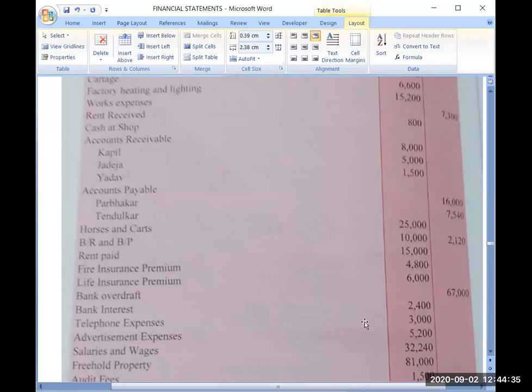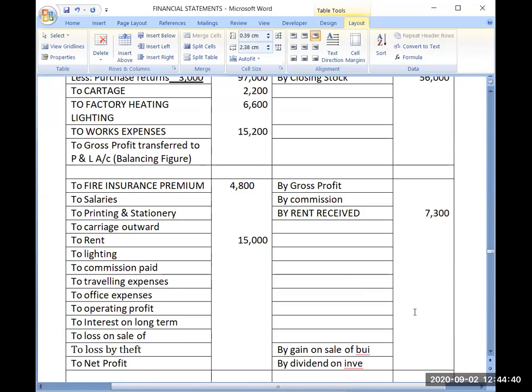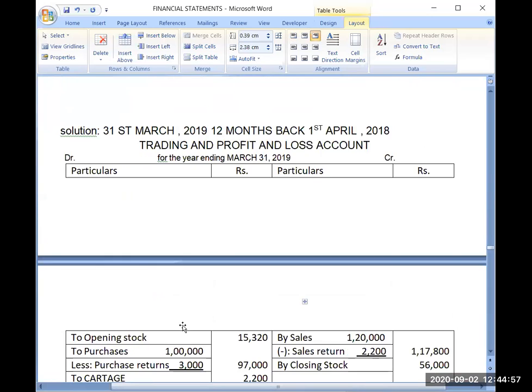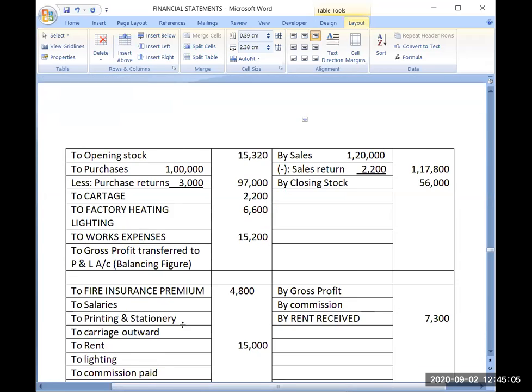Bank interest is your expense, 2,400. Telephone expenses, 3,000. Advertisement expenses, 5,200.